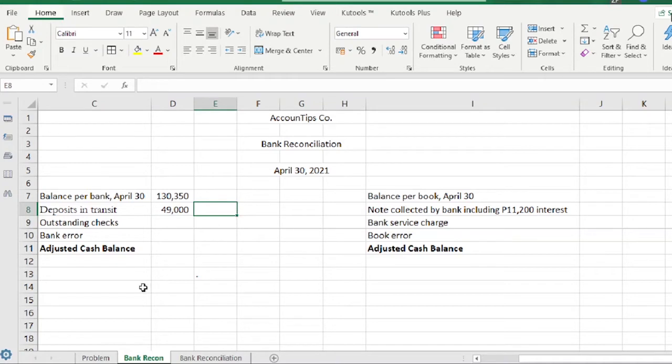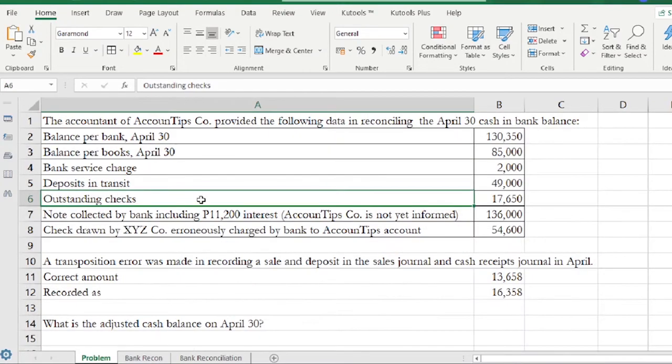The next bank adjustment is the outstanding checks. Now this outstanding checks pertains to checks drawn and released to payees but are not yet in cash with the bank. Since these are still unrecorded by the bank but already recorded as payments in the company's books of accounts, we have to deduct this amount to the bank balance in order to balance the bank's and the book's cash balances.